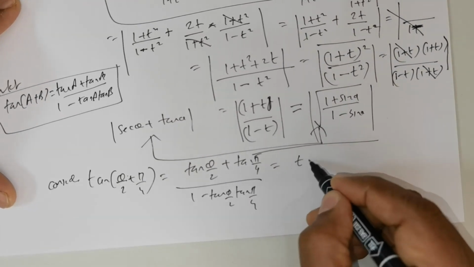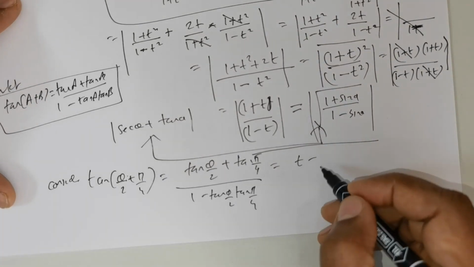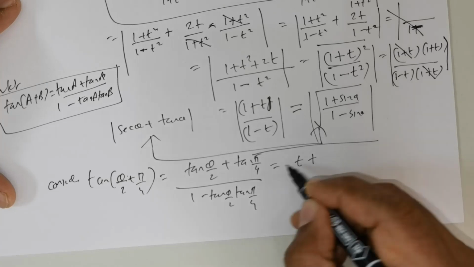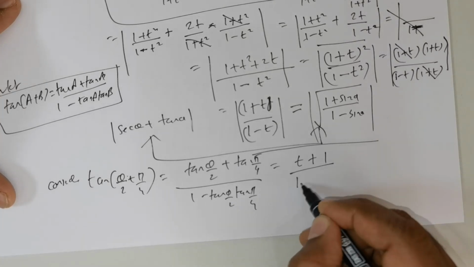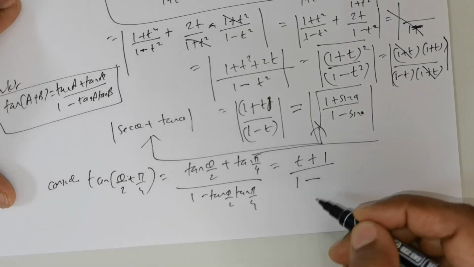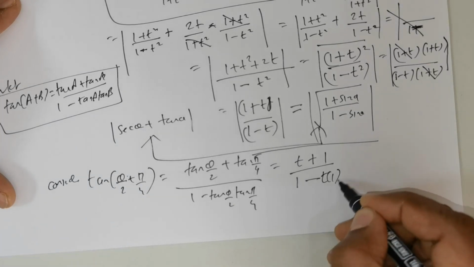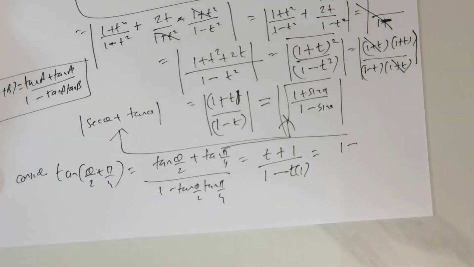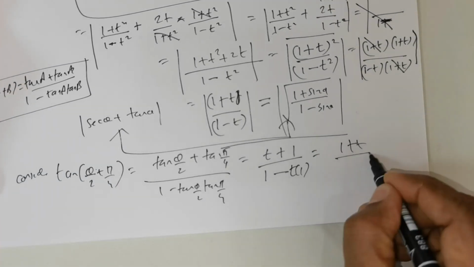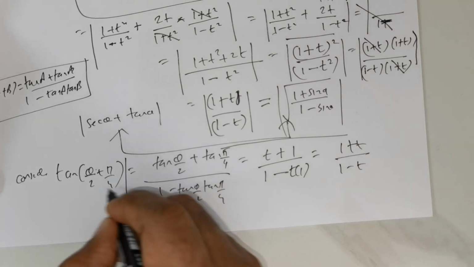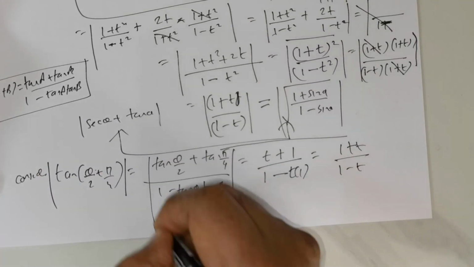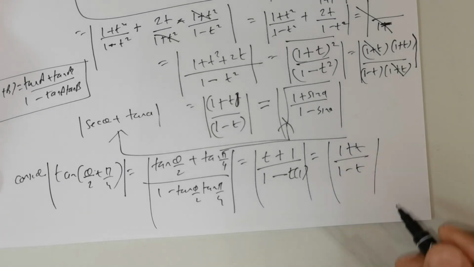Tan theta over 2, by the tan half angle substitution, is t, and tan pi over 4 is 1, so I can rewrite this as (1 plus t) divided by (1 minus t). If you are taking the modulus, this will result in the modulus.